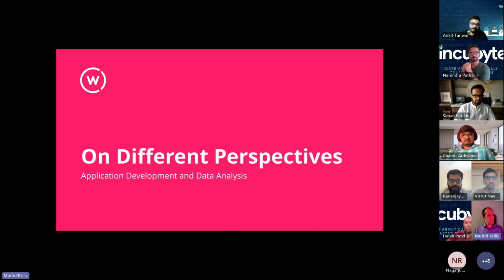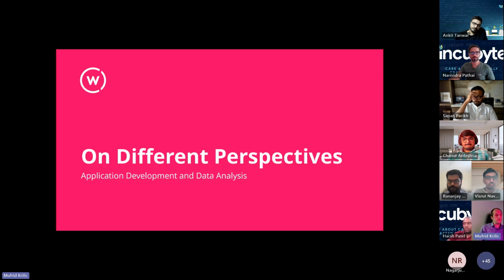Okay, so let's start with the first item. There is this inherent difference between application development and data analysis. Why is this so? And how do we deal with it?